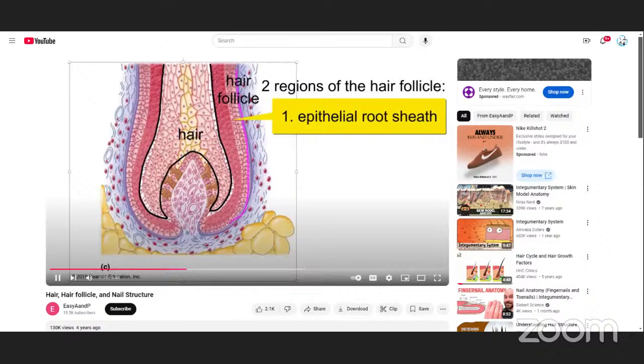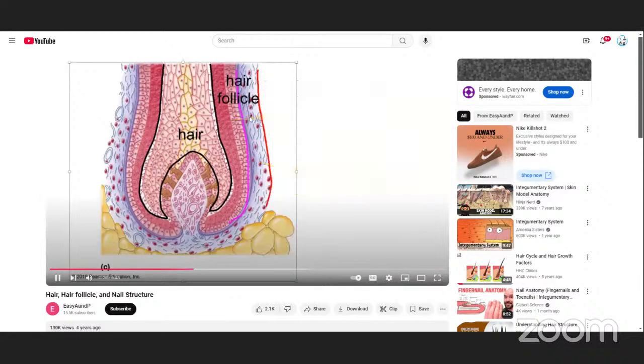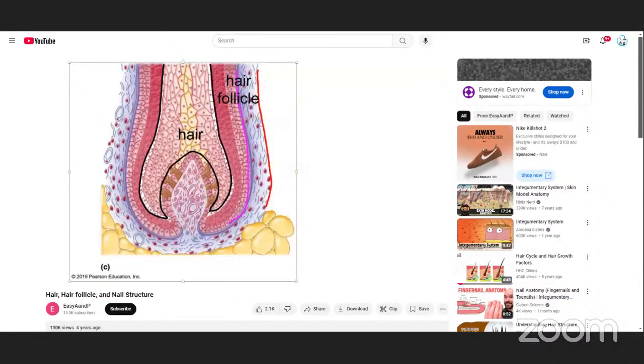This blue area is the portion of the dermis that forms the outside of the hair follicle. It's known as the connective tissue sheath. And so just like the epidermis and the dermis, let's take a look at this connective tissue that's surrounding the hair follicle. Notice how the connective tissue juts in to the bottom of the hair. That's just like a dermal papilla. It's called a hair papilla, and this is the area where the blood supply comes into the hair follicle.